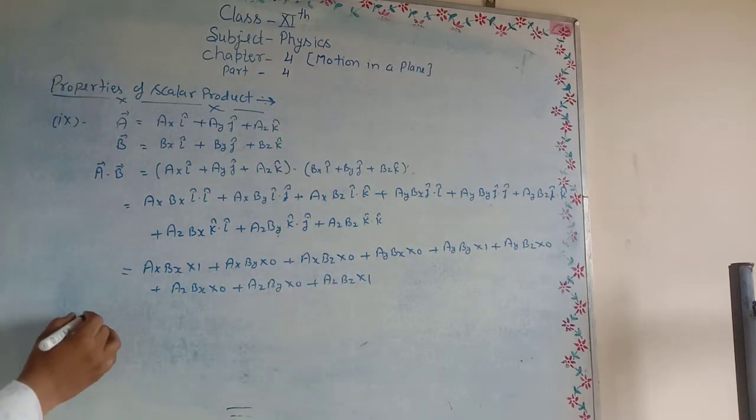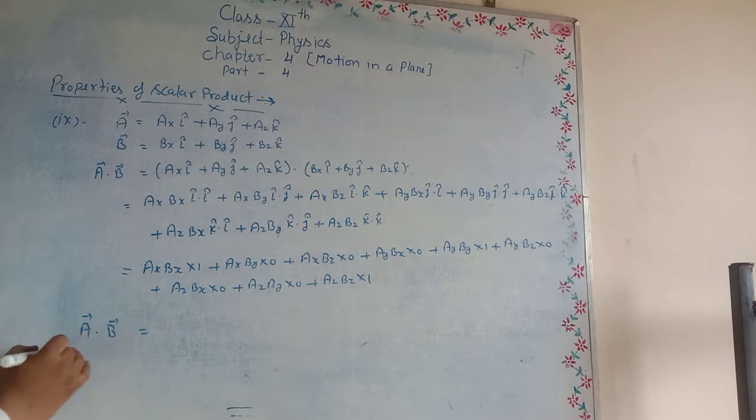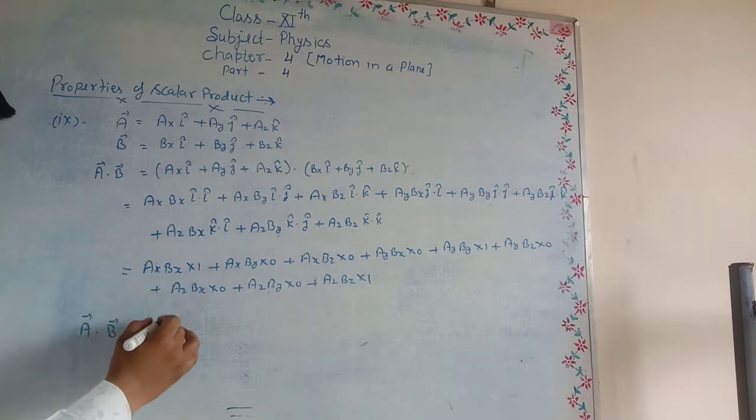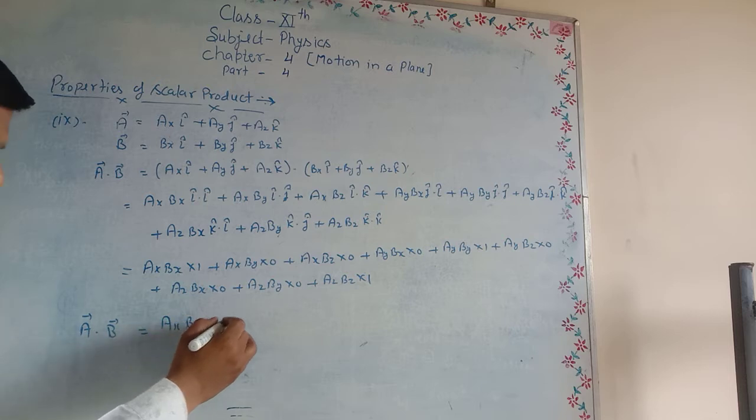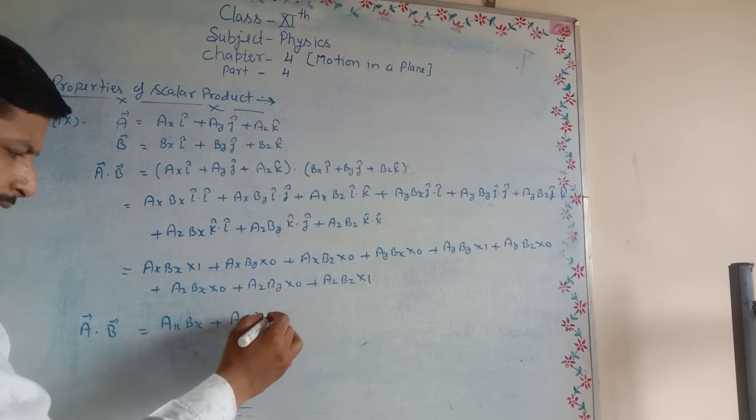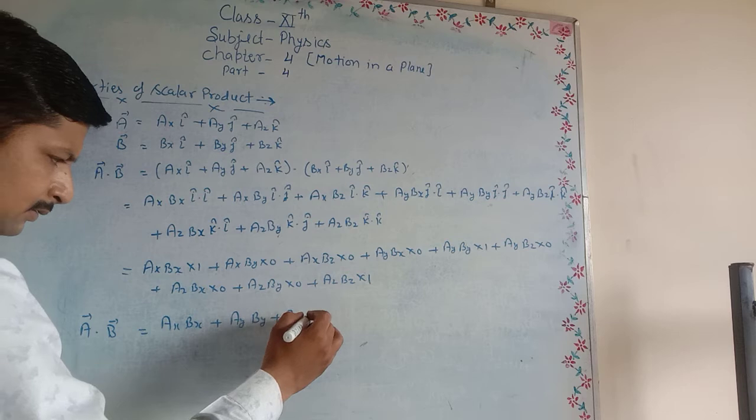So we get A dot B is equal to Ax Bx plus Ay By plus Az Bz.